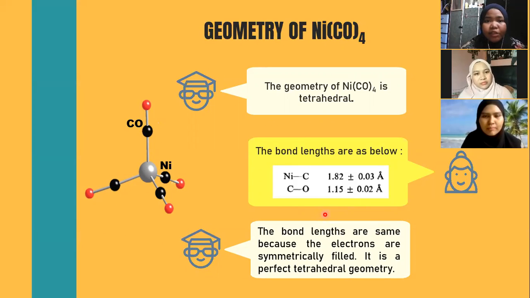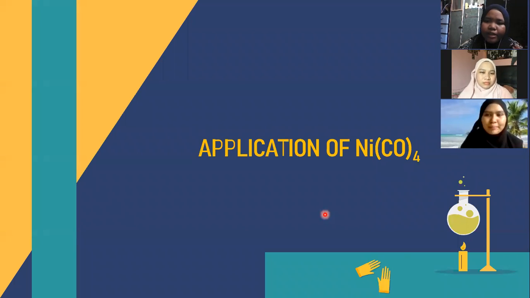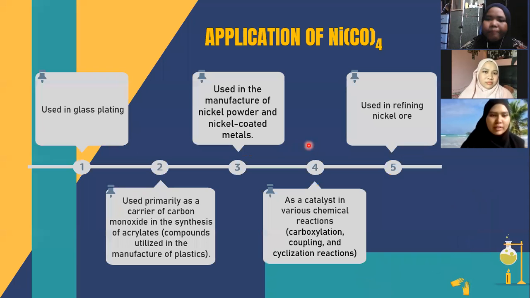This is because the electrons are symmetrically filled at the d orbitals. Like I mentioned before, the d orbitals are fully occupied when the ligands approach the nickel atom. Since it is fully occupied and symmetrically filled, this NiCO4 will not undergo any distortion effect. Thus, we can assume that this NiCO4 has a perfect tetrahedral geometry. And for the last one, the application, Myra will continue this.